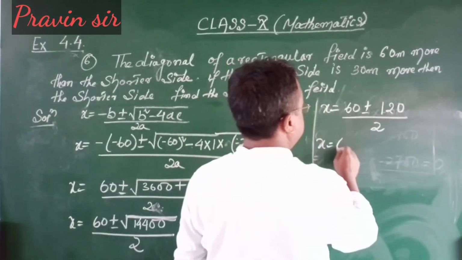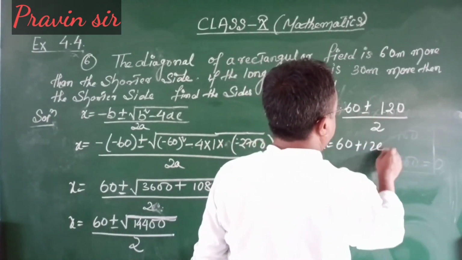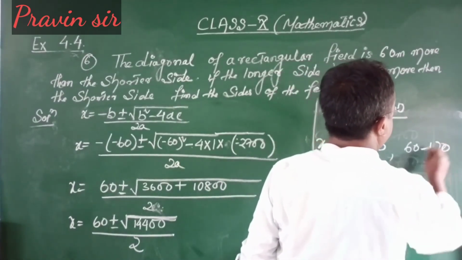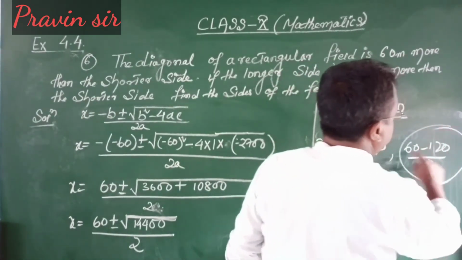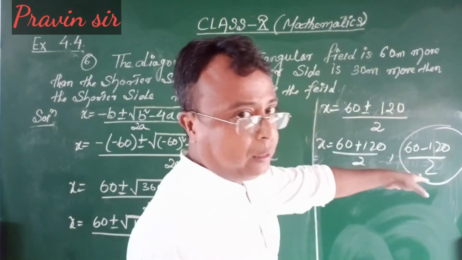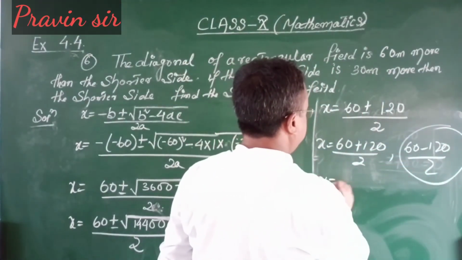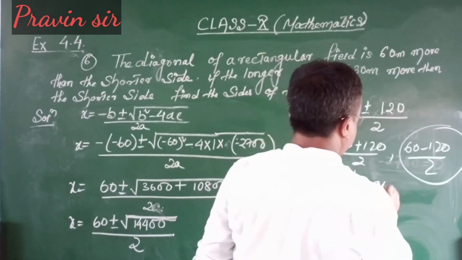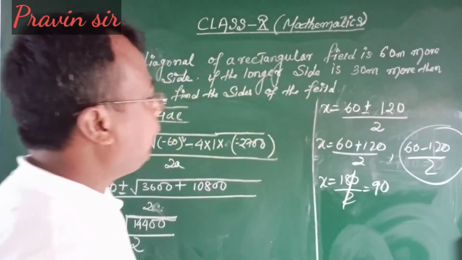So here you will get two answers: 60 plus 120 by 2, and another one is 60 minus 120 by 2. This 60 minus 120 by 2 we can ignore because you will get a negative number, and a side cannot be negative. So 180 divided by 2 we got 90.